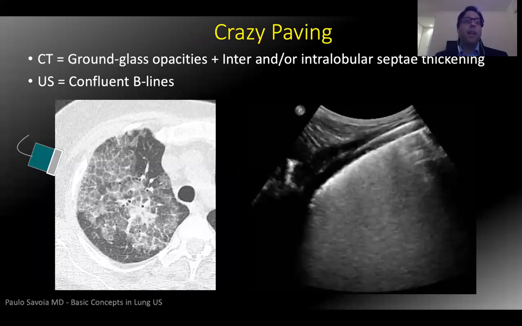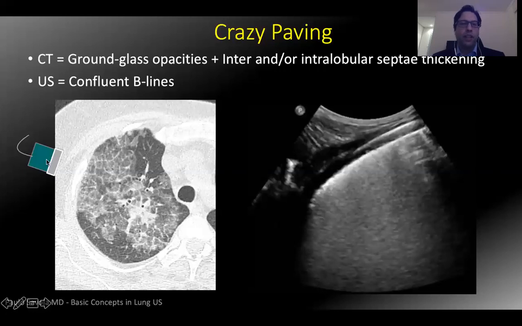And what about the crazy paving? So we know from CT that crazy paving is ground glass opacities plus inter and or intralobular septa thickened, okay? But in ultrasound, if we try to see the crazy paving, just like this, we have crazy paving here, ground glass opacities with inter and intralobular septal thickening, okay? If we place our transducer here, we will only see confluent B lines, okay?